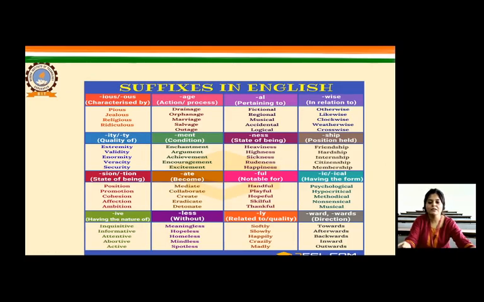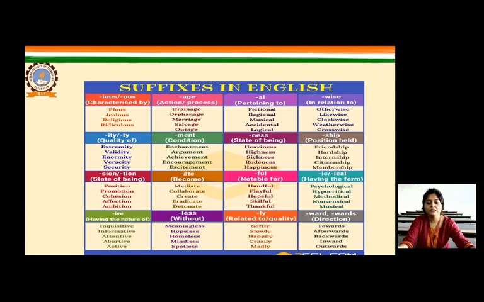So here we have a list of suffixes that we commonly use in English, like age, al, wise, ly. Like wise, we use otherwise, likewise, clockwise, crosswise. Then we have ment, used as in achievement, encouragement, excitement.